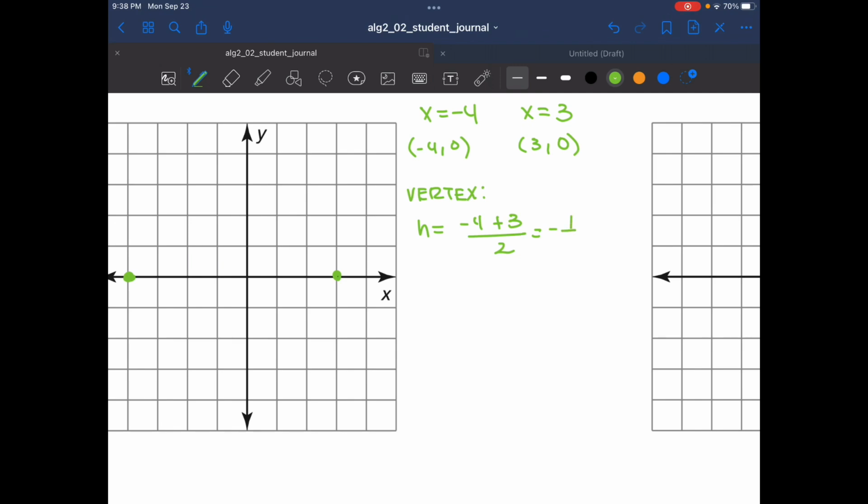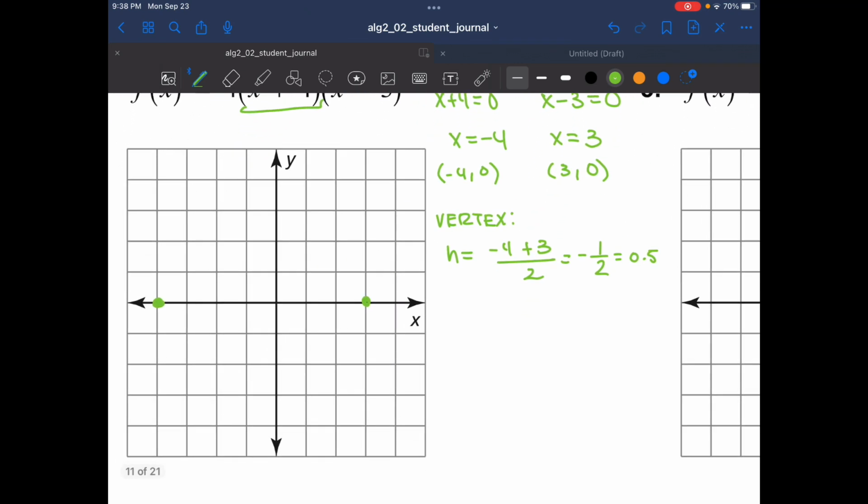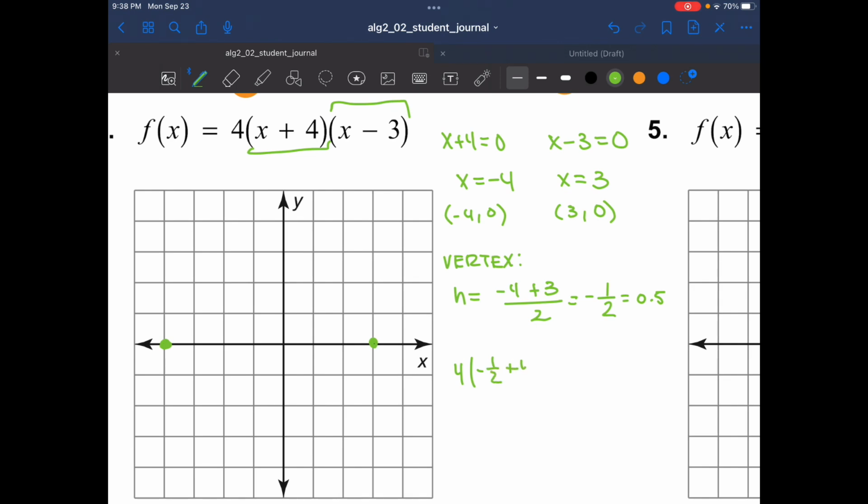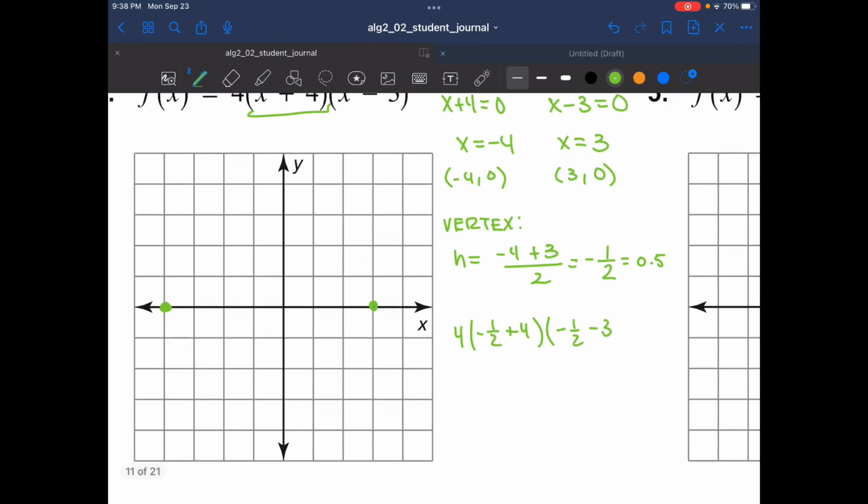So negative 4 plus 3 is negative 1, so negative 1/2, or 0.5, okay? And we're going to plug that back in. So we're going to have 4 times negative 1/2 plus 4 times negative 1/2 minus 3.